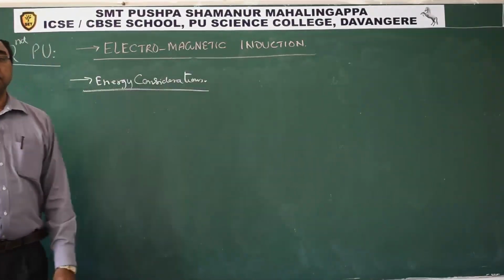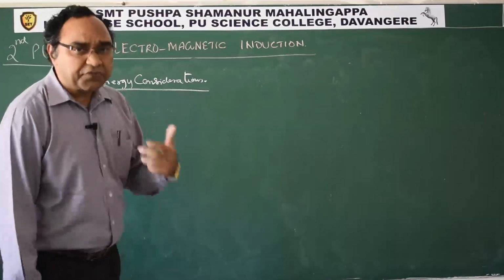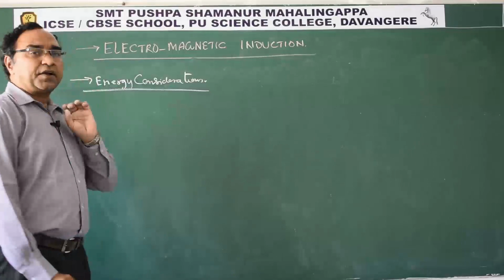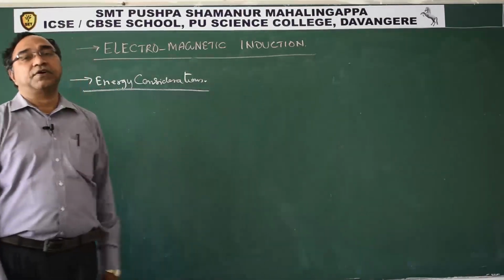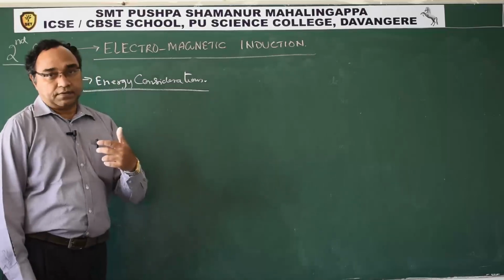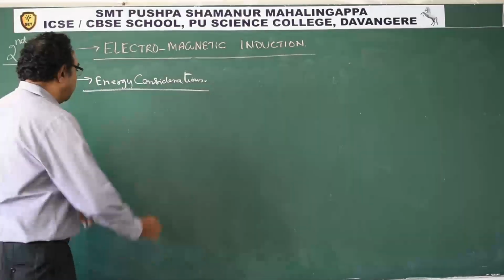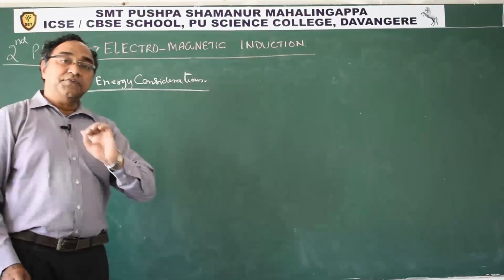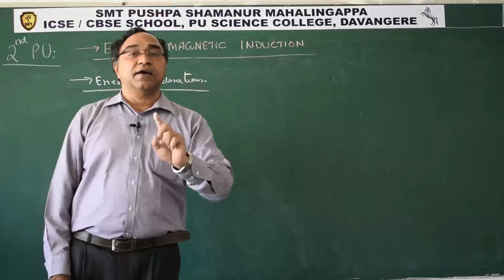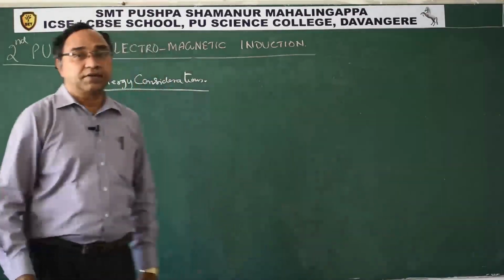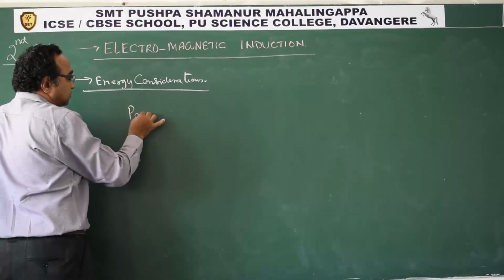Well students, now let us take the next topic. In the next topic, we are trying to establish all the various parameters which are involved with energy and with the induced EMF. See how, by considering the energy considerations also, we can arrive at the same end result. How? Power.